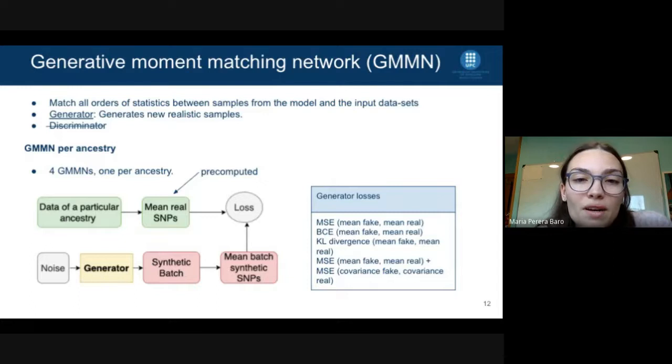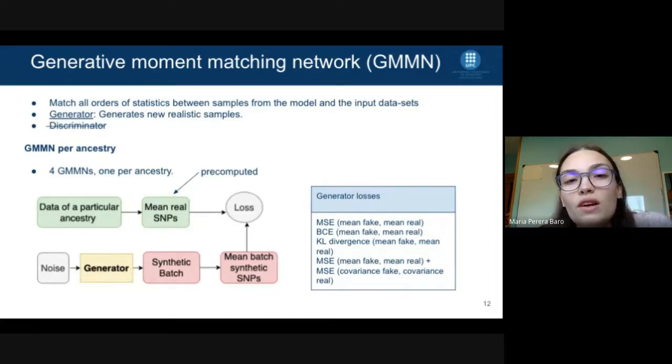We use one network per ancestry as before, so we train the network 4 times, one per ancestry. And in the diagram, we can see the scheme of this model. The loss is computed with the mean of the generated samples and the mean of the real samples from a particular ancestry.